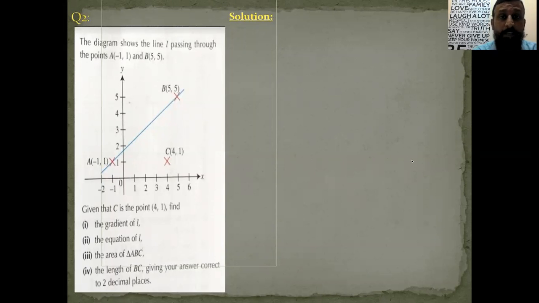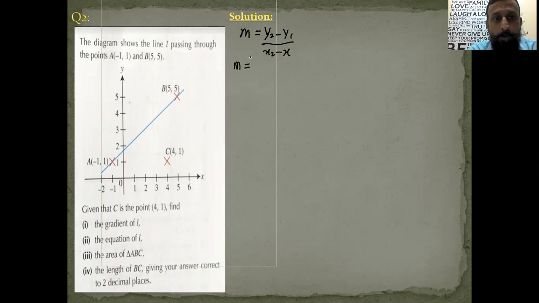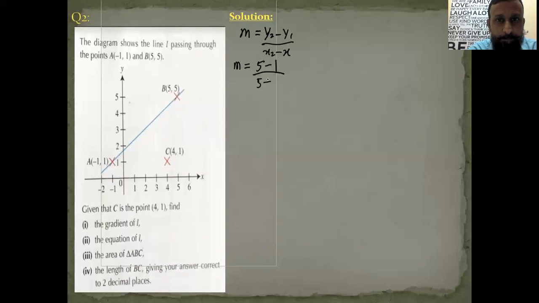So how do we find the gradient, boys and girls? We find the gradient with the formula m equals (y2 minus y1) upon (x2 minus x1). So we simply need to plug in these values that have been given to us. So y2 minus y1, 5 minus 1, upon x2 minus x1, so 5 minus minus 1, plus 5 plus 1.